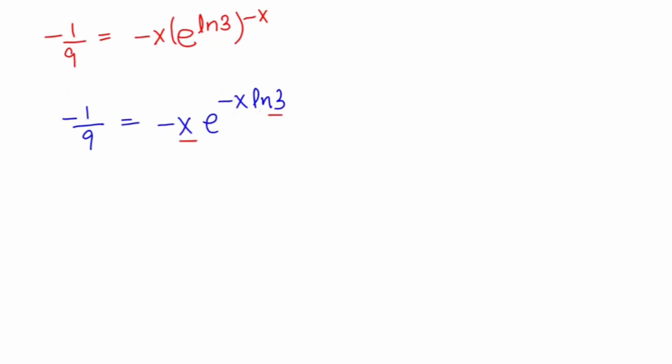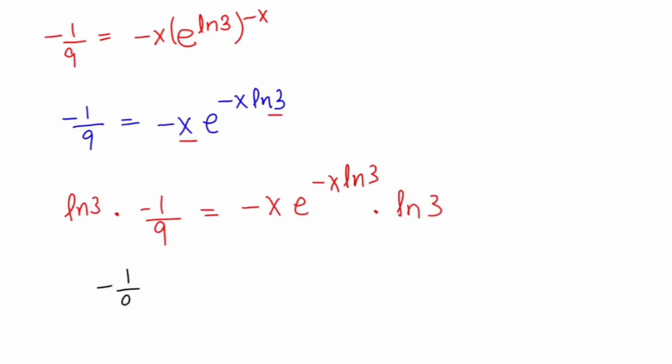So next I will multiply both sides by ln of 3. ln of 3 times -1 over 9 is equal to negative x times e to the power of negative x ln of 3 times ln of 3. As I solve it out, it turns to -1 over 9 ln of 3 is equal to negative x ln of 3 times e to the power of negative x ln of 3.